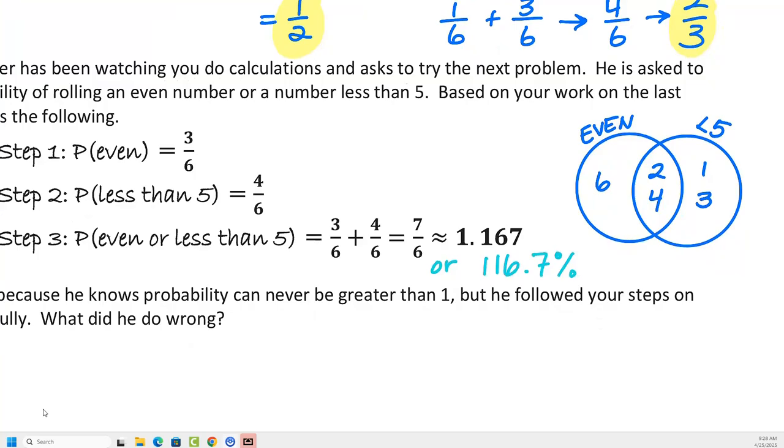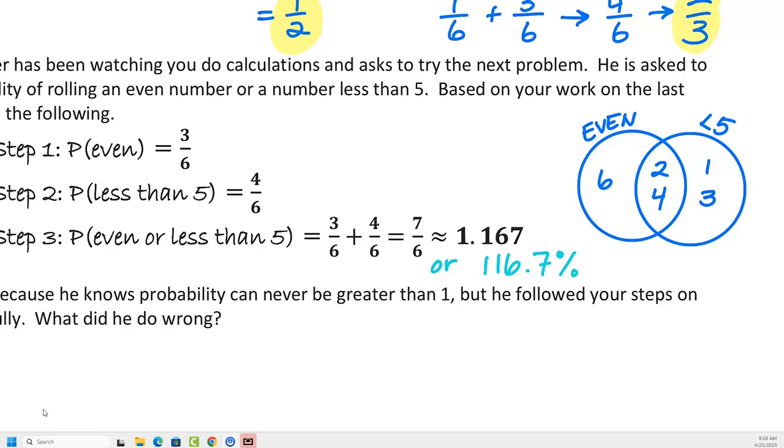So notice this. He found the probability that it was even, right? Isn't this whole section that?